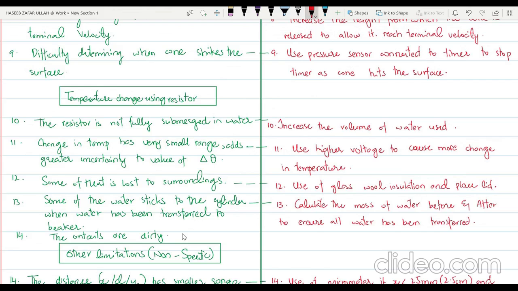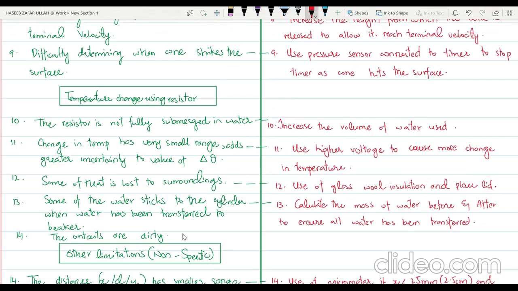So what is the least count of the thermometer? It gives you a value to 0.5 degree, and you are actually calculating two times, so it is multiplied by 0.5. It gives you an uncertainty of 1 degree. So in a small range of 3 degree change, 1 degree is more like 25% uncertainty.